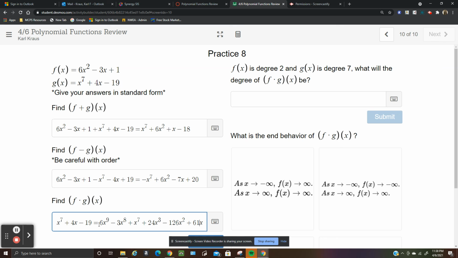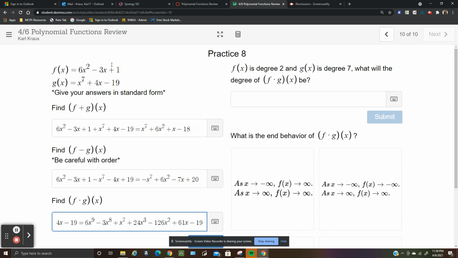And then the constant term, I got a negative 19. So the final answer: 6x to the 9th minus 3x to the 8th plus x to the 7th plus 24x cubed minus 126x squared plus 61x minus 19.